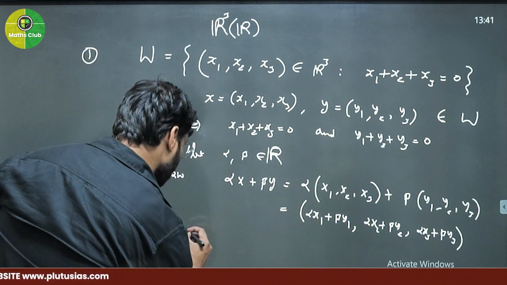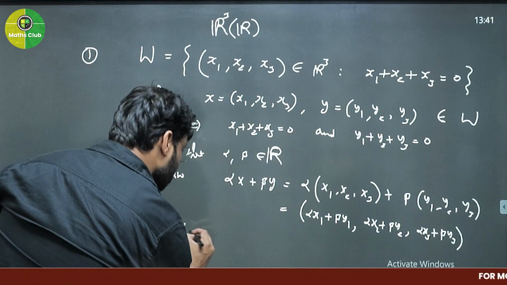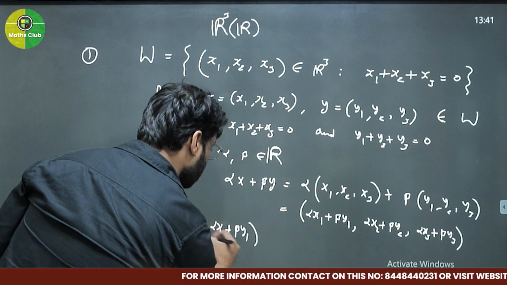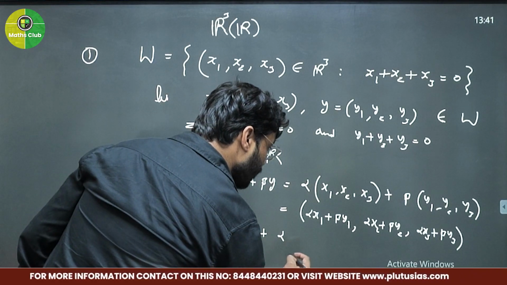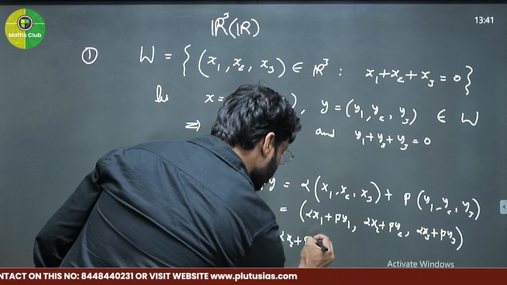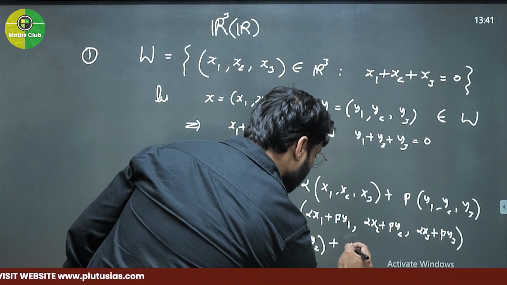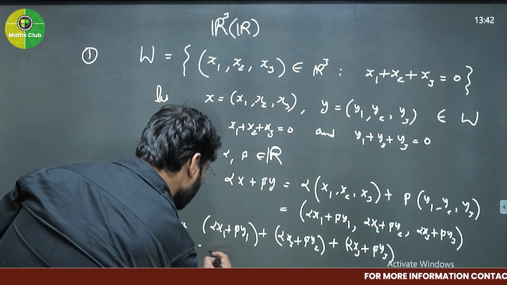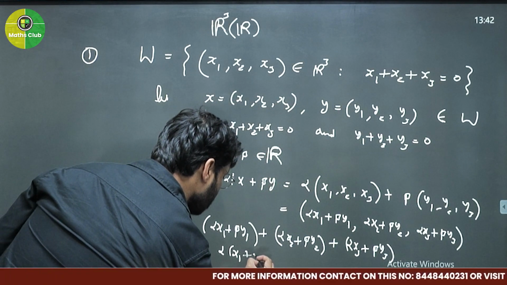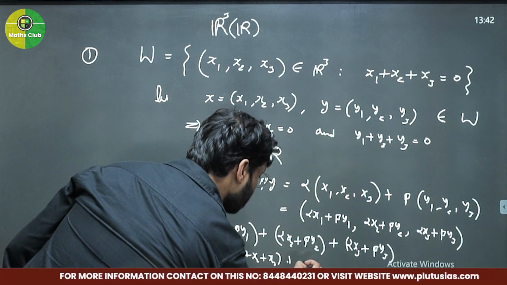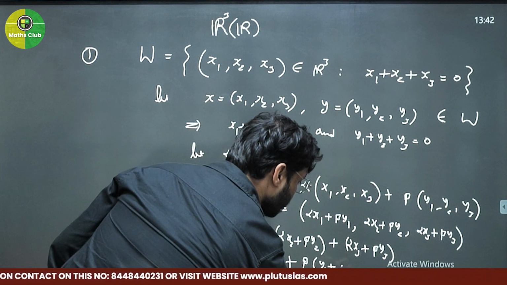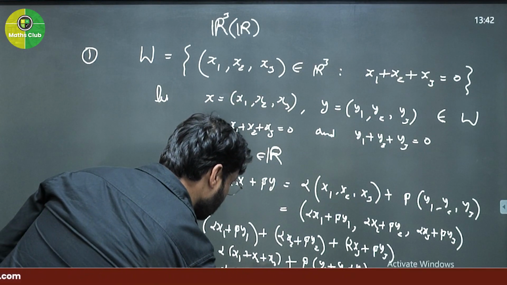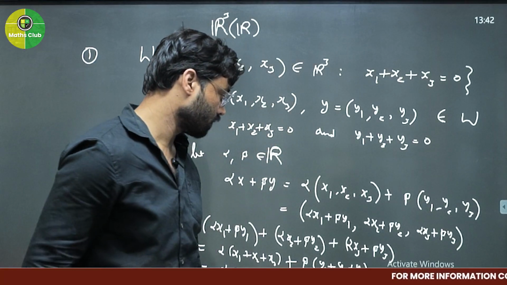So just calculate it. Alpha x1 plus beta y1 plus alpha x2 plus beta y2 plus alpha x3 plus beta y3 equals alpha times (x1 plus x2 plus x3) plus beta times (y1 plus y2 plus y3), equal to alpha times 0 plus beta times 0, equal to 0.